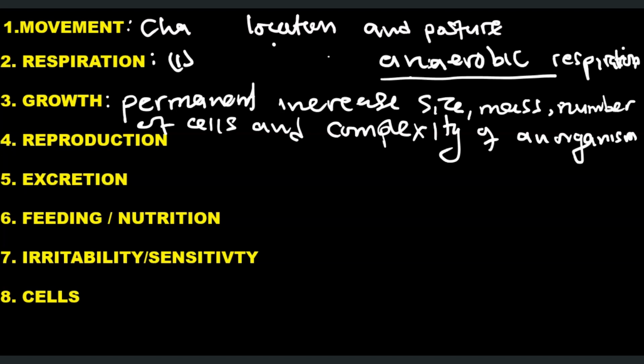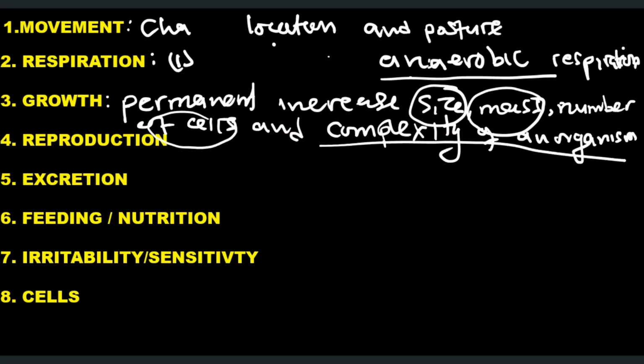So a living organism should be able to increase in size, the mass should increase, then the number of cells in the body increases, and also the complexity.